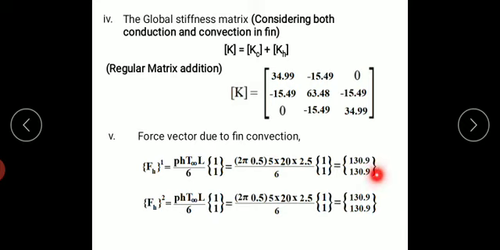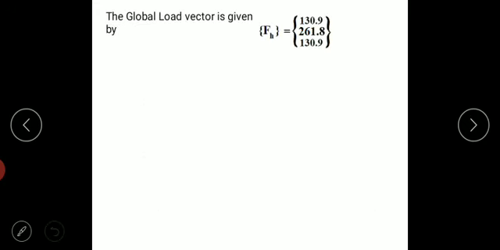Here also the force vector is the same for both elements. If I make the global force vector, these two values I am going to add, and the remaining things remain as they are. So the global force vector is 130.9, 130.9 into 2 times gives 261.8, and 130.9. Okay, this is the global force vector.